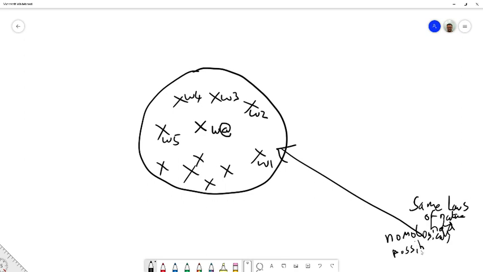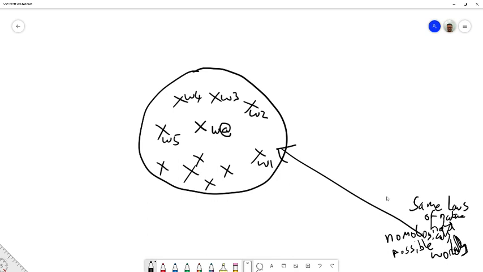Alright, nomologically possible worlds. The nomologically possible worlds is just a set of possible worlds in which the same laws of nature hold as hold in the actual world. Okay. So sometimes when we talk about possibility and necessity, we're talking about nomological possibility.